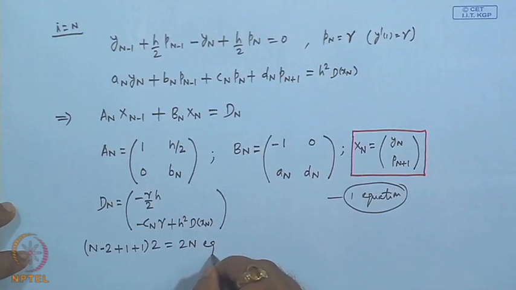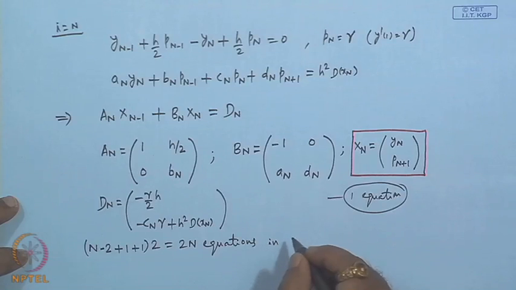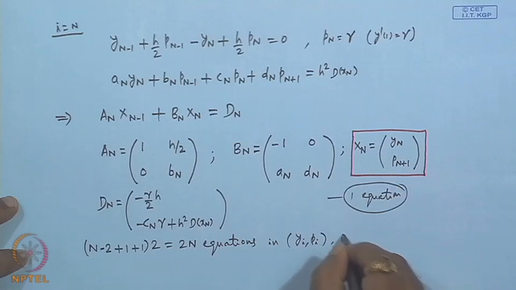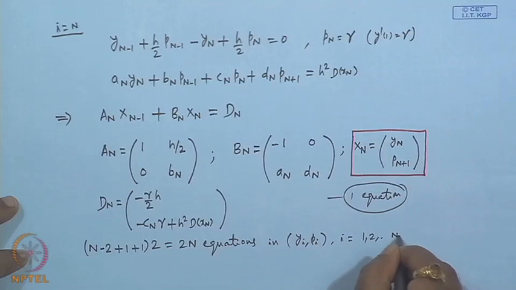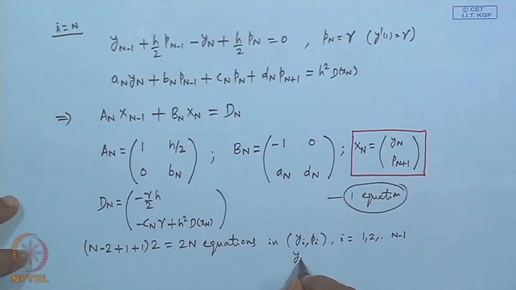So, 2n equations in how many unknowns? Okay. 2n unknowns, because these are 2 and these are 2 times n minus 1.